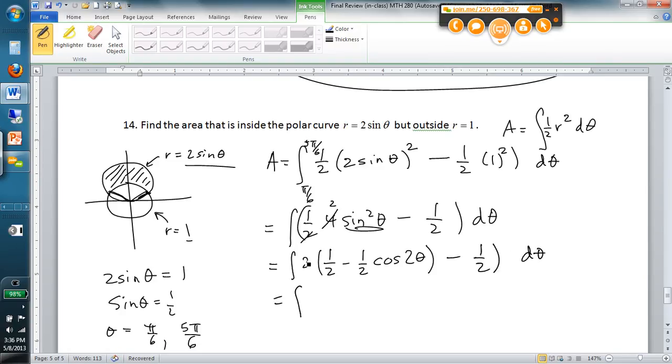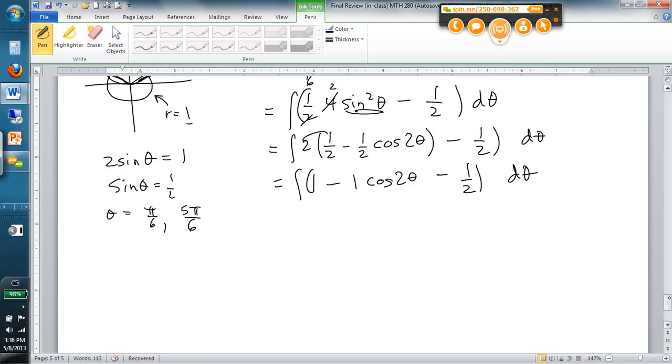So that's going to be 1 minus cosine 2 theta, minus 1/2. Let's combine the 1 minus 1/2. That's just going to be 1/2 minus cosine 2 theta.